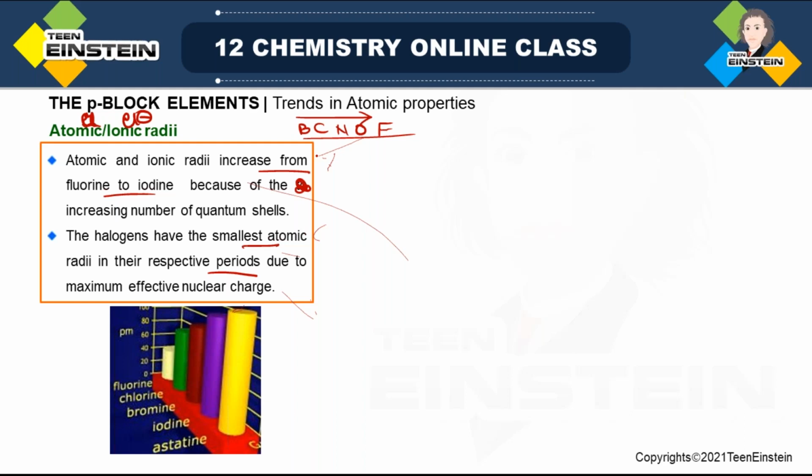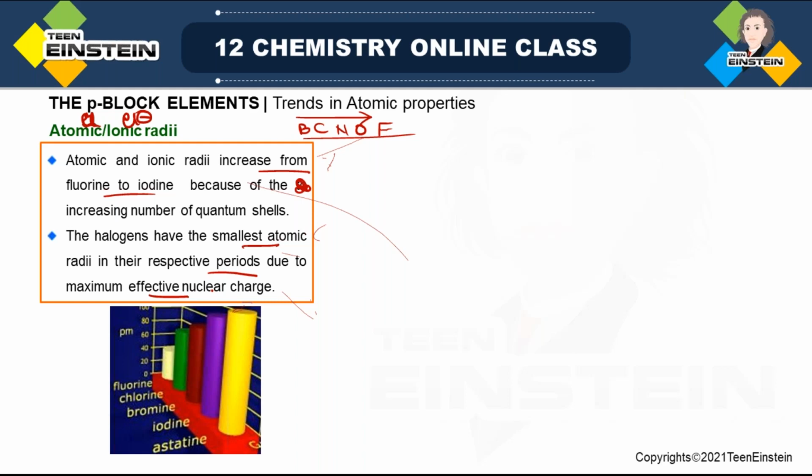So when you are in the same period, moving from left to right, halogens will have the smallest size. And it is because of the maximum effective nuclear charge. Because when you are moving from left to right, there is a decrease in size, and the positive charge of the nucleus felt by the outermost electron will be very high.